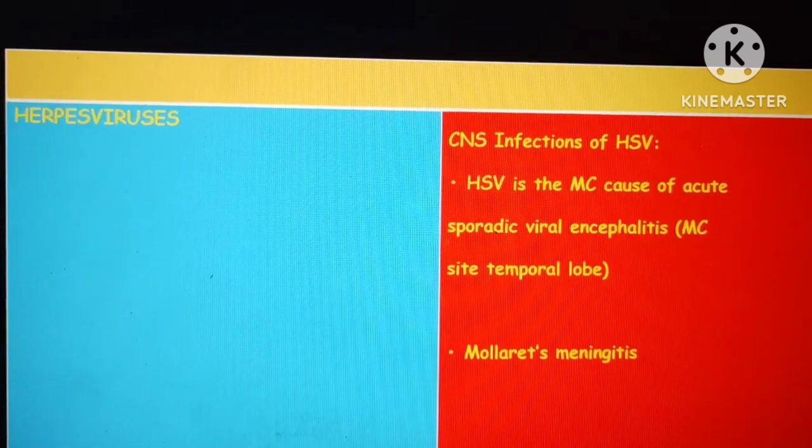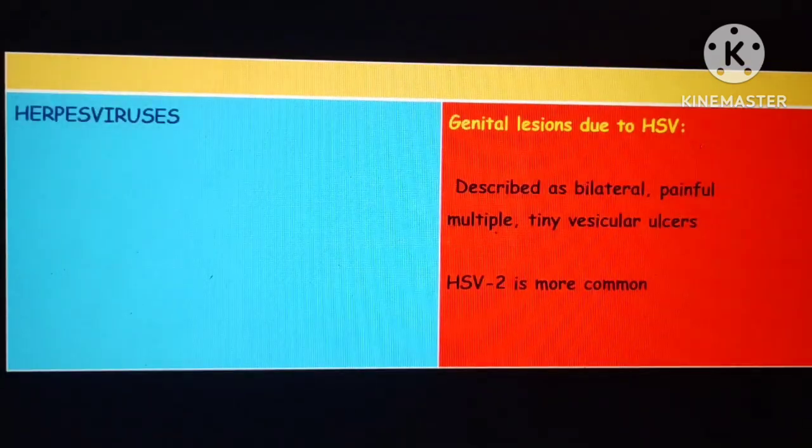First, the CNS infection: it is the most common cause of sporadic viral encephalitis, causing temporal lobe encephalitis. There is another term, Mollaret meningitis, which is a lymphocytic meningitis. These are all caused by herpes virus.